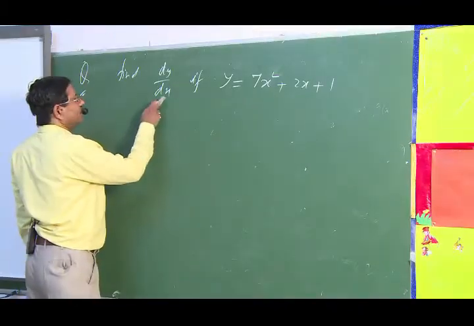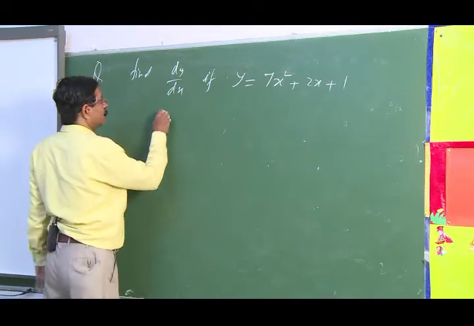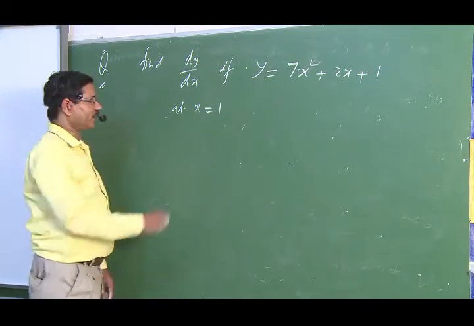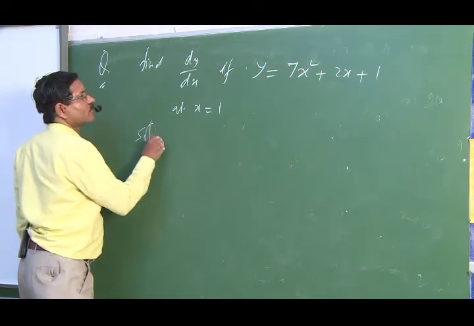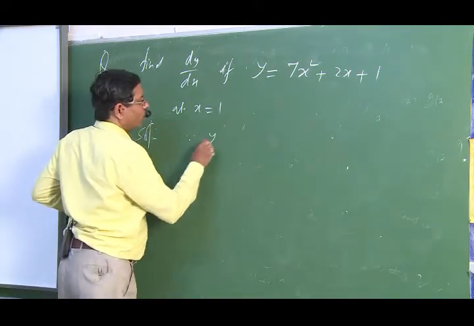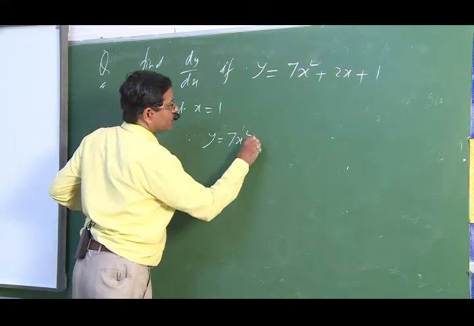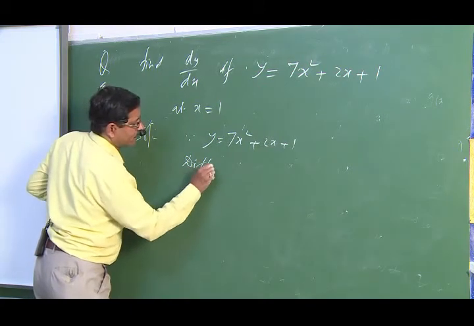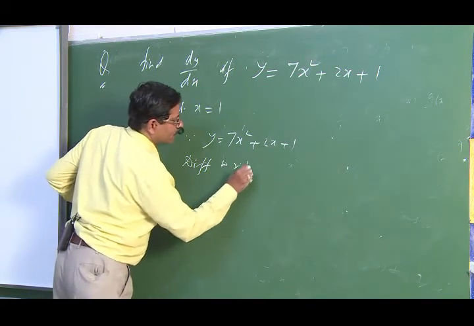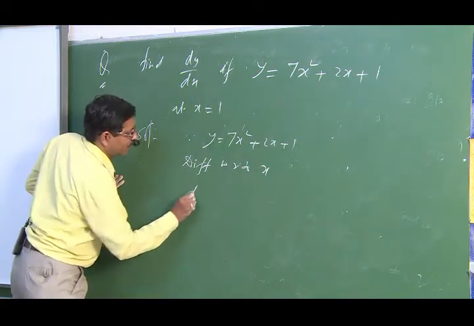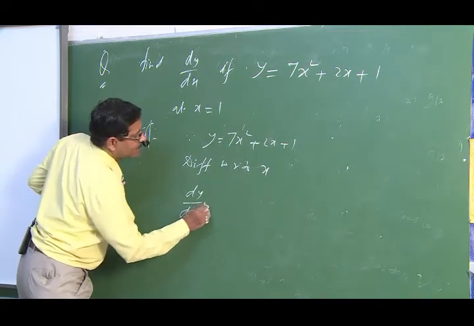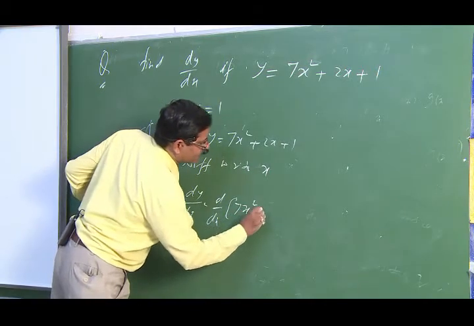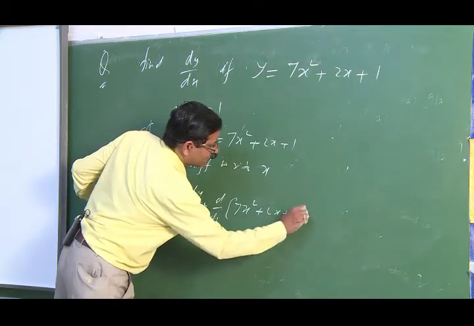Okay? Find dy by dx if y is equal to this, at x equal to 1. Now, since y is equal to 7x square plus 2x plus 1, differentiating with respect to x, you will get dy by dx, that is d by dx of 7x square plus 2x plus 1.